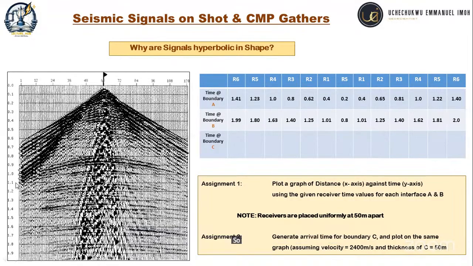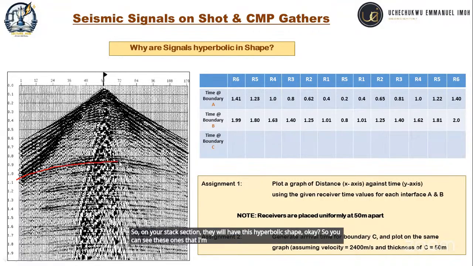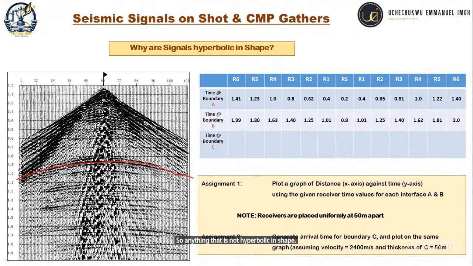So on your stack section, they will have this hyperbolic shape. Okay, so you can see these ones that I'm tracing with red line. These are your signals. So anything that is not hyperbolic in shape is not a signal.